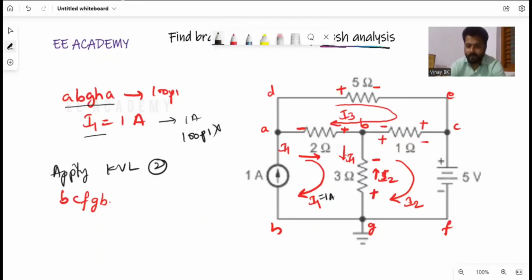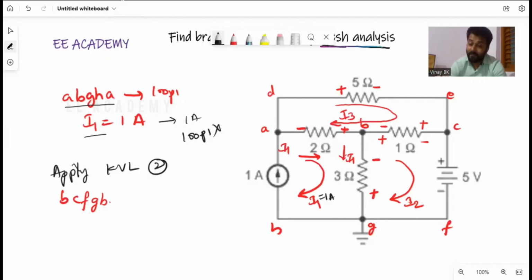Now we write the equations just by applying KVL. Before that, once again I repeat the steps. The steps are to give names for the nodes or junctions. After giving the names, give loop direction along with the current. Once you have the loops with the help of the current, mark the polarities based on the direction of the current.